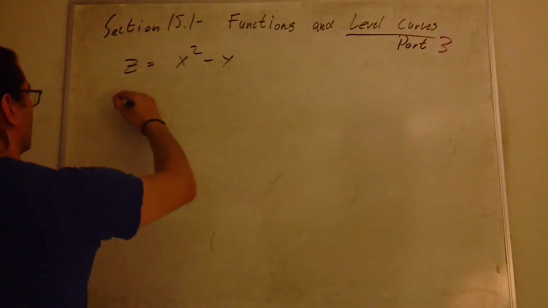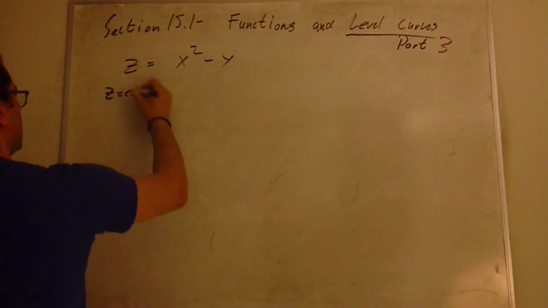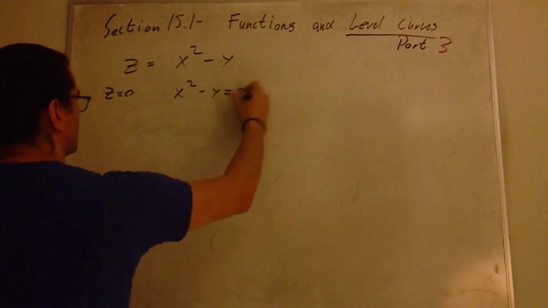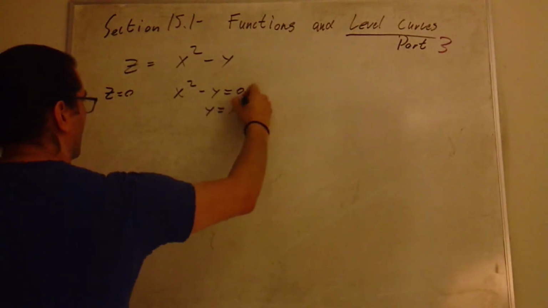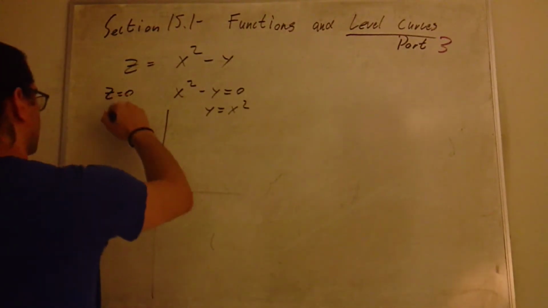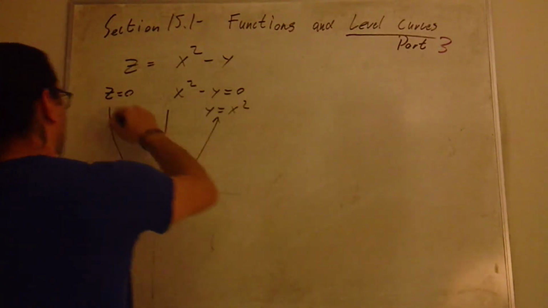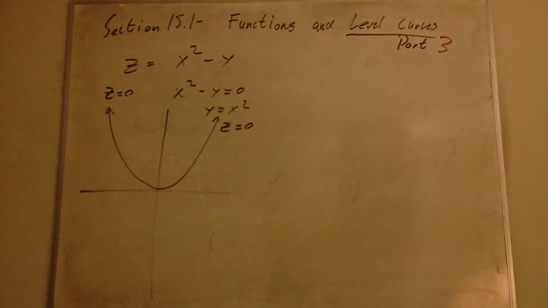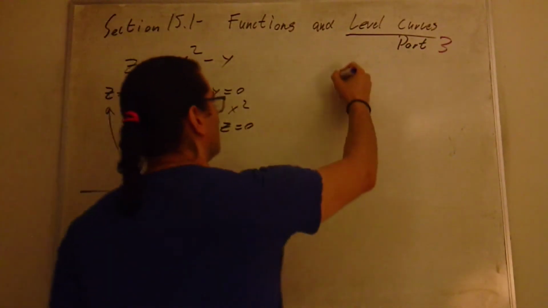Level curves should look like this: z equals 0 would be x squared minus y equals 0, so y equals x squared. That's just a parabola. This is the z equals 0 level curve. Z equals 1 level curve.